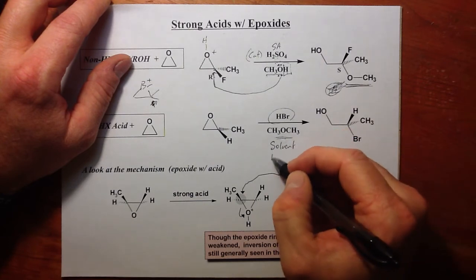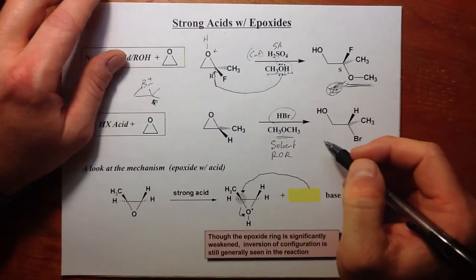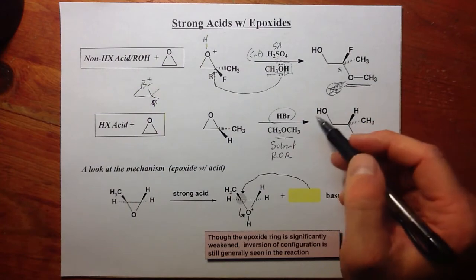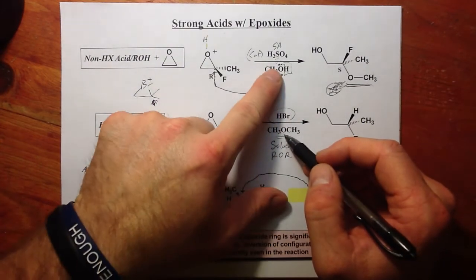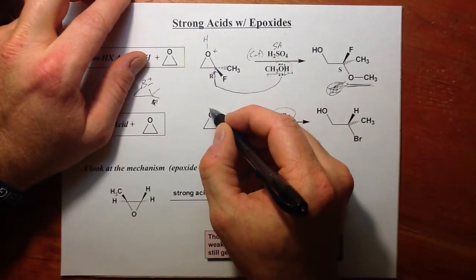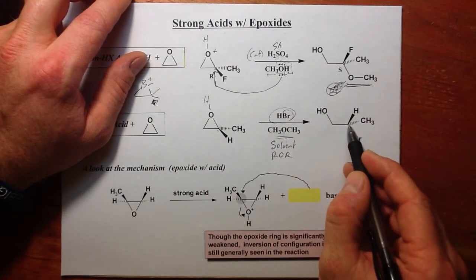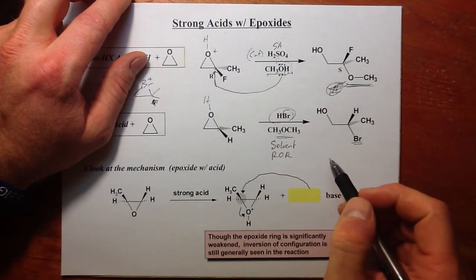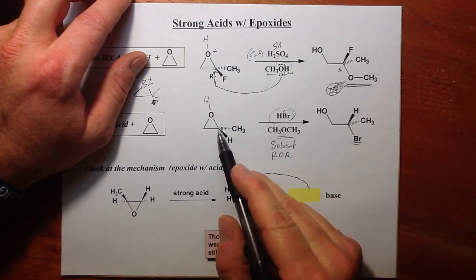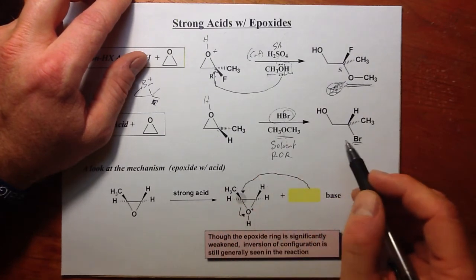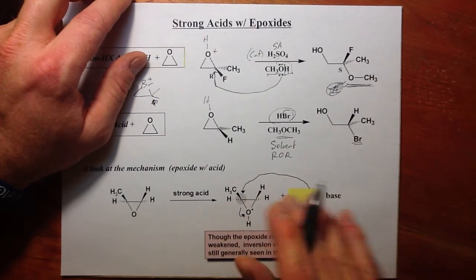Ether's not going to be a reagent. We can't lose a proton from this oxygen like we did from this oxygen. So HBr, we're still going to protonate, but the bromide is going to come in and attach to that carbon from the opposite side. So it would still go from R to S or whatever.